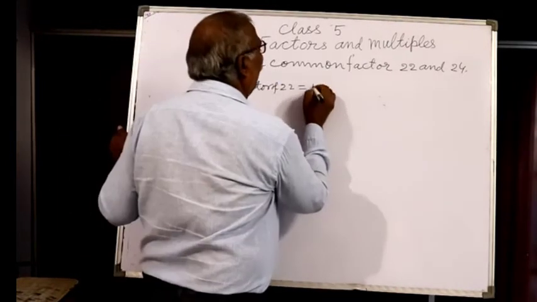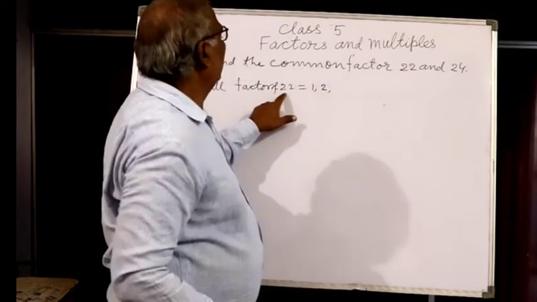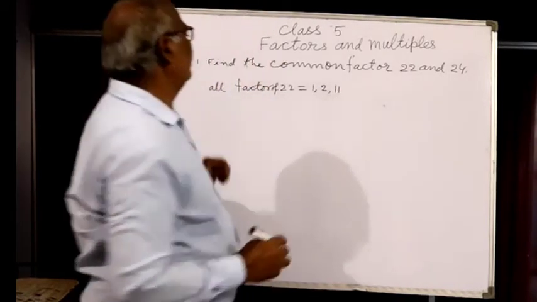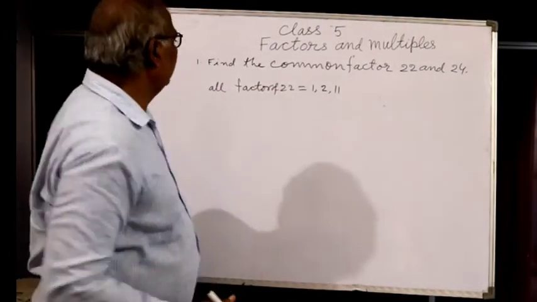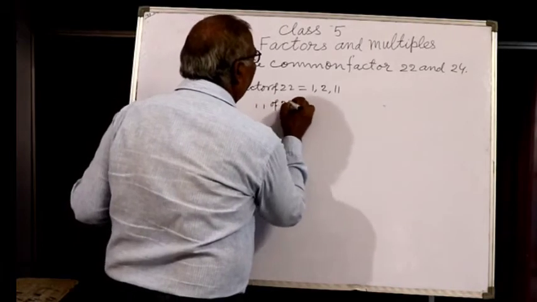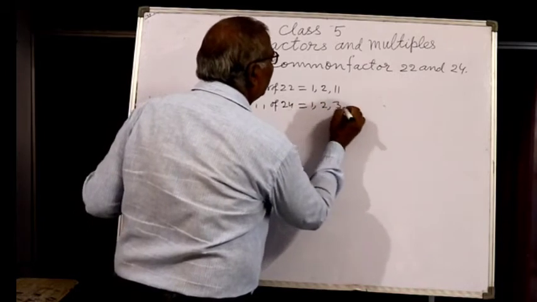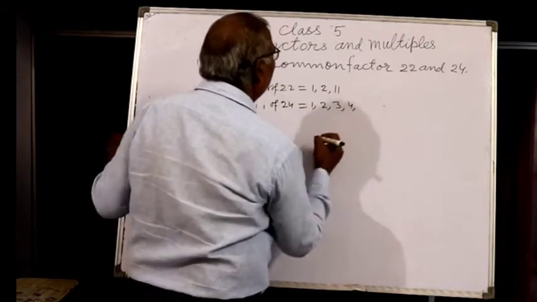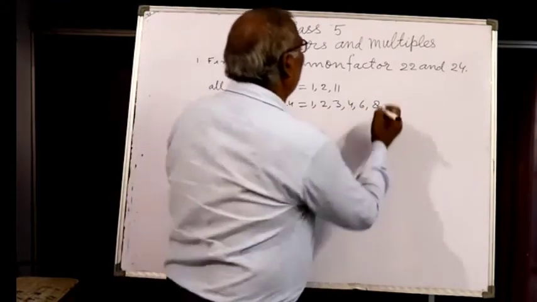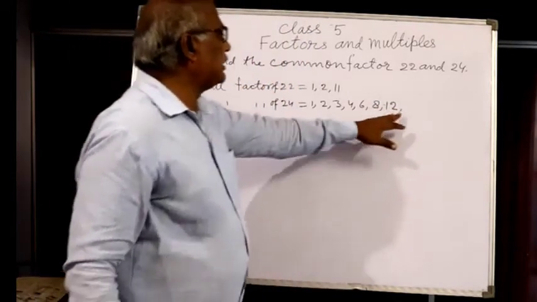We get 1 is the first factor, 2 is the second factor, and the third factor is 11. Last factor is 22. Now all factors of 24. First factor is 1, second 2, third 3, 4, 6, 8 and 12. 24 is the last factor.